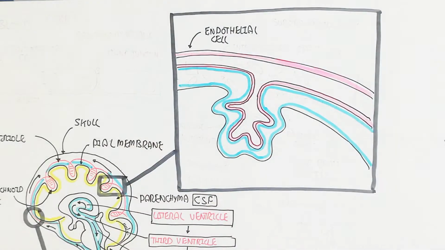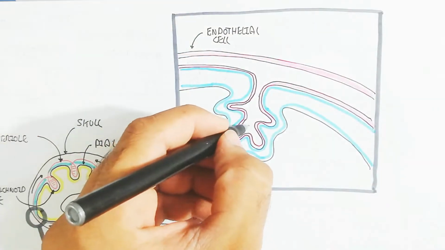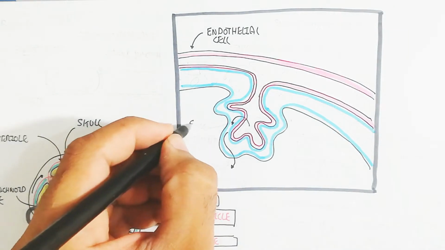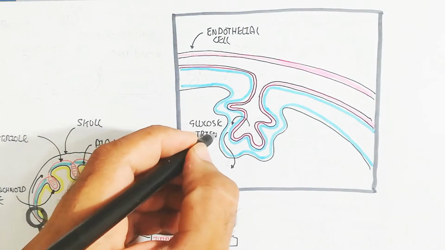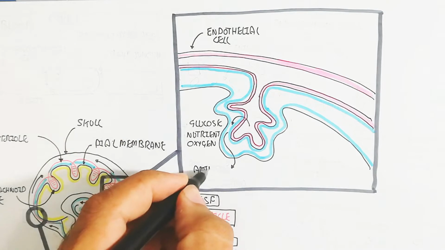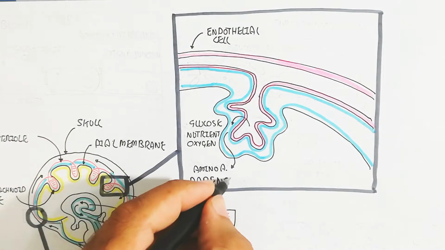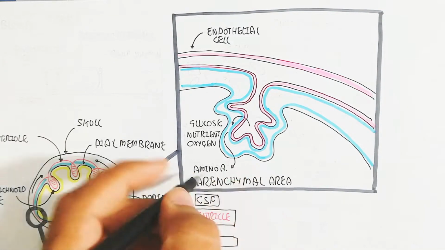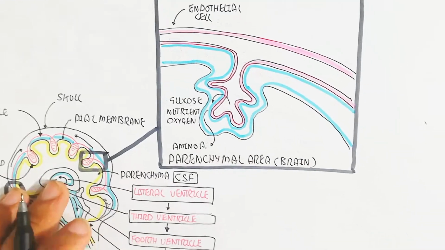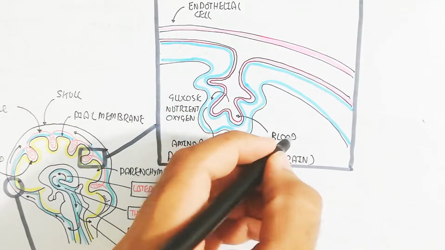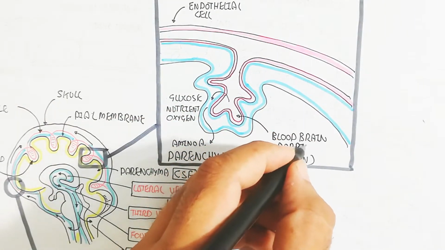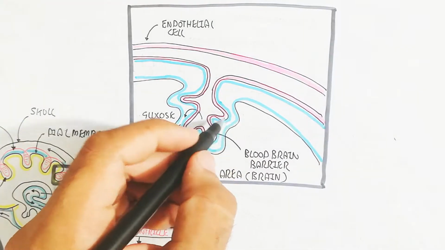This is a closer picture to understand the endothelial cell and the capillary, which receive glucose, nutrients and oxygen for the brain, going into the parenchymal area, the brain.